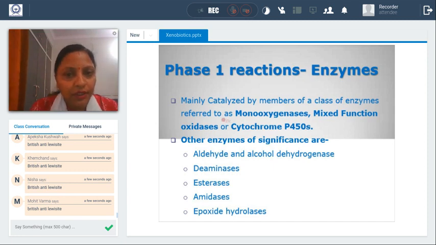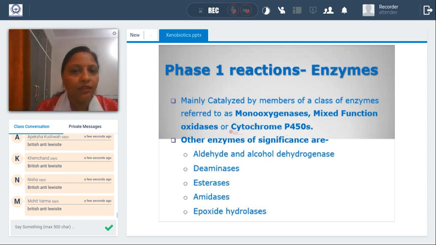So the most important enzyme of oxidation is cytochrome P450, mainly catalyzed by members of a class of enzymes referred to as monooxygenases. So there are three names: monooxygenases, mixed function oxidases, or cytochrome P450.